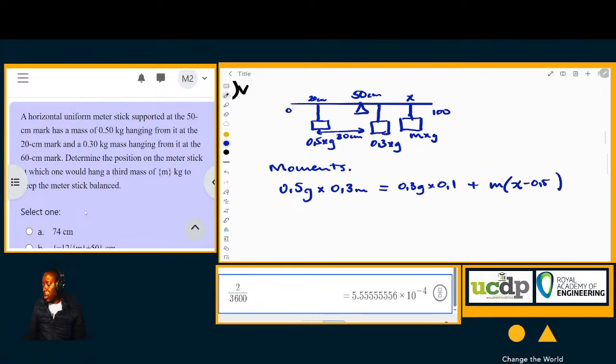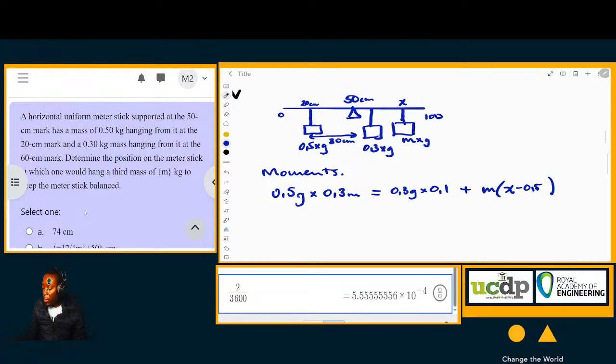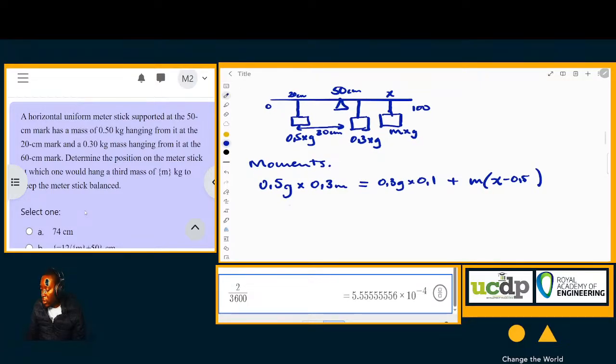So this 0.1 is 60 minus 50, that's why we get 0.1. This 0.3 is 50 centimeters minus 20 centimeters, which is 0.5 minus 0.2. We've said x minus 0.5 so that we directly get the position on the meter rule.